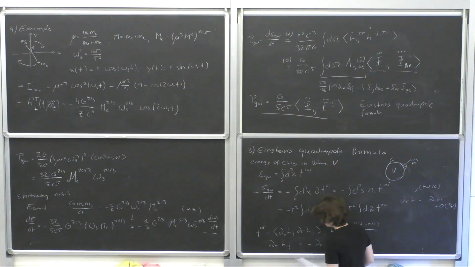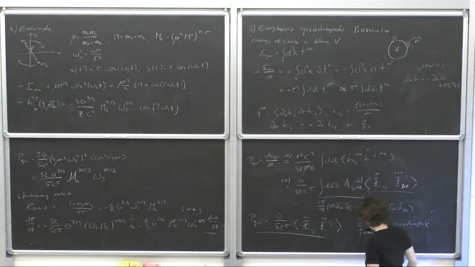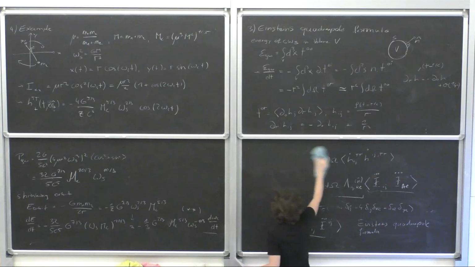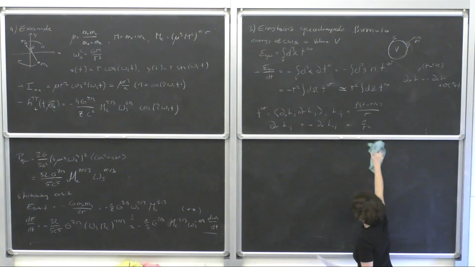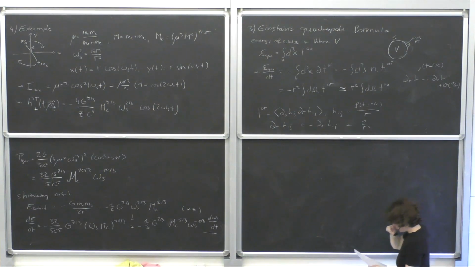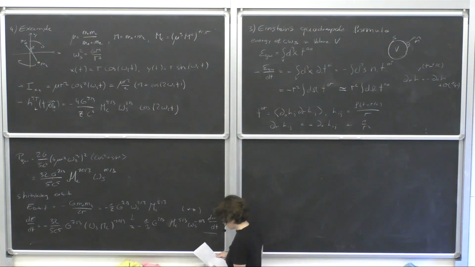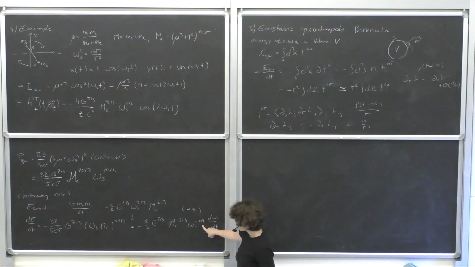Okay, yes, we can do it. So if we put everything together, we have omega s to the 10/3, and then here we have minus 1/3.